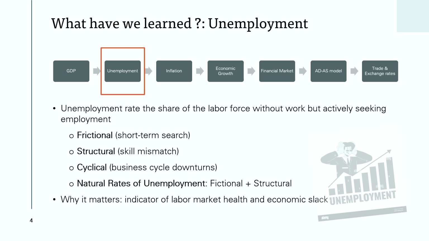Cyclical unemployment occurs during economic downturns. The natural rate of unemployment consists of frictional and structural unemployment and represents the level the economy normally returns to. The unemployment rate is a key indicator of labor market health and helps us identify economic risks.